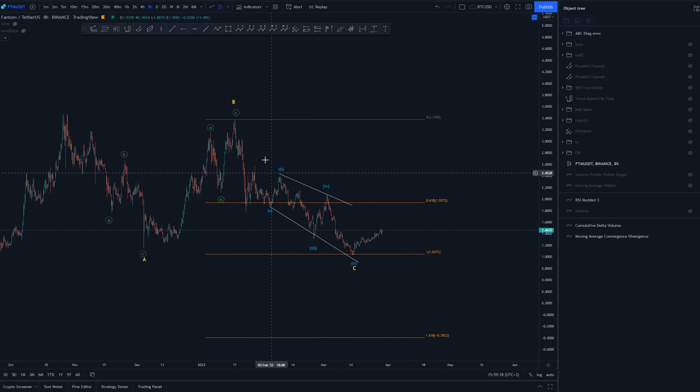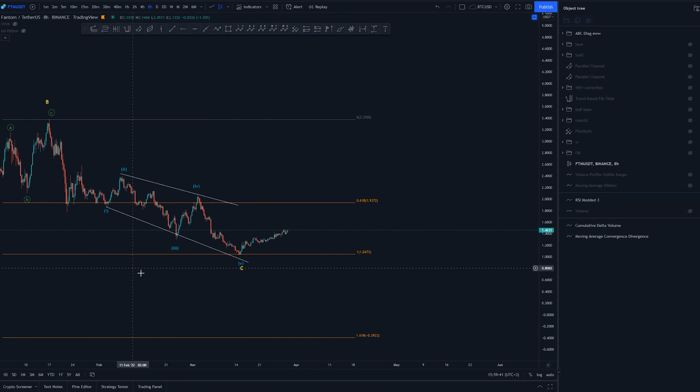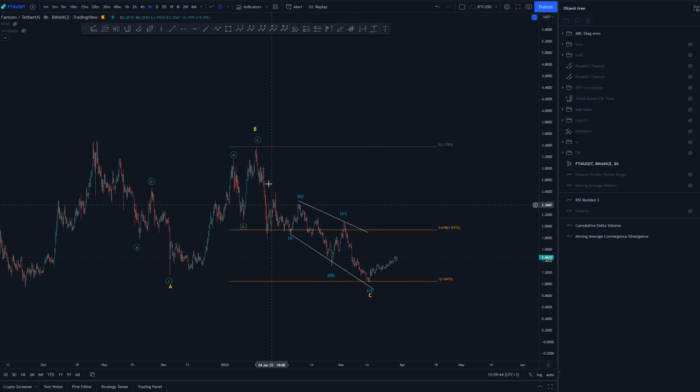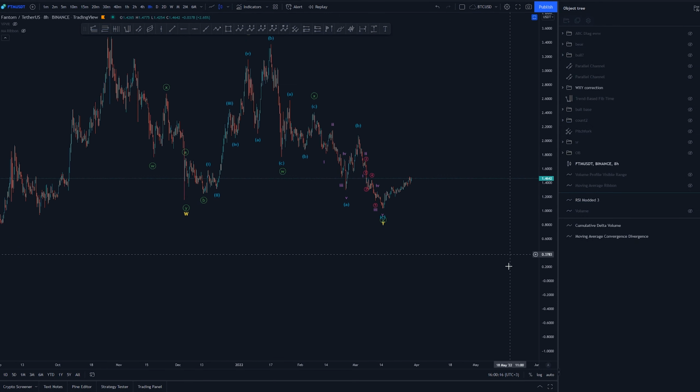This whole thing here needs to be the wave 1. Yeah, I'm not sure how you would count that, but it's definitely possible, I guess, but it's really unlikely. If we are placing 1 here, then the dimensions and the fibs are not related to each other, and this cannot be a diagonal. Same with to here. So for those reasons, I feel like I'm still going to stay on this one.